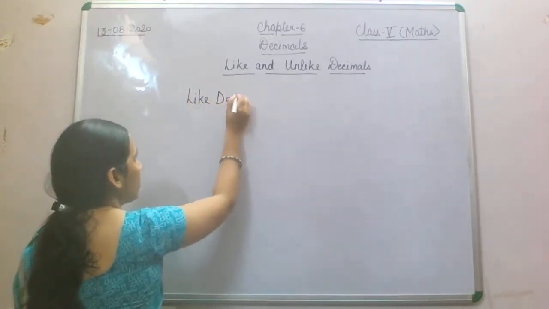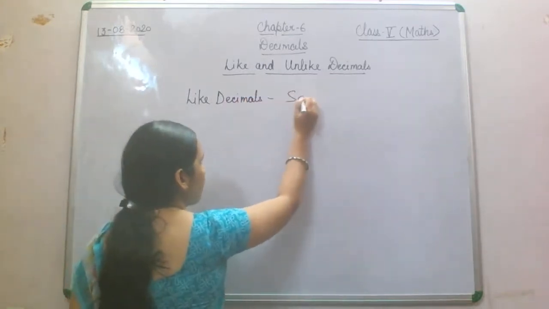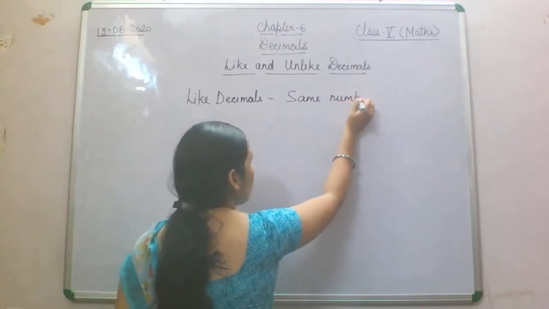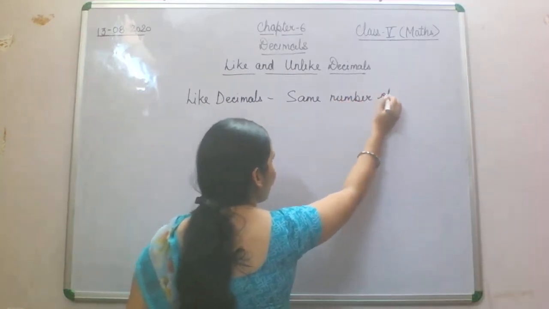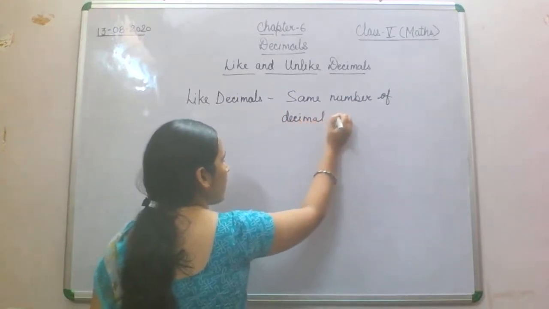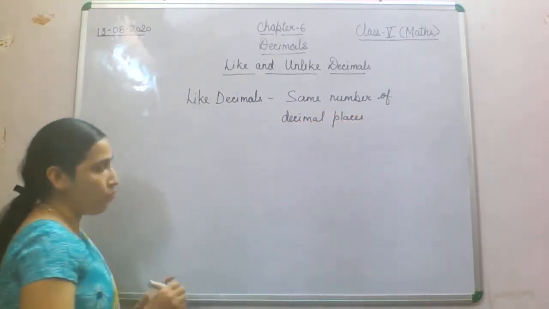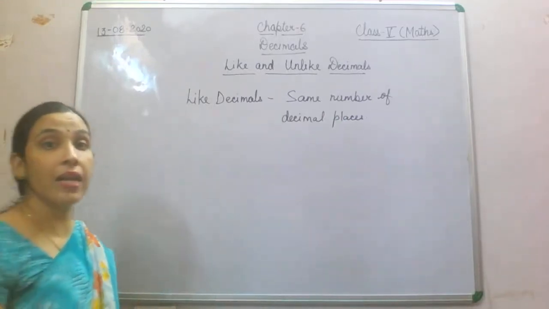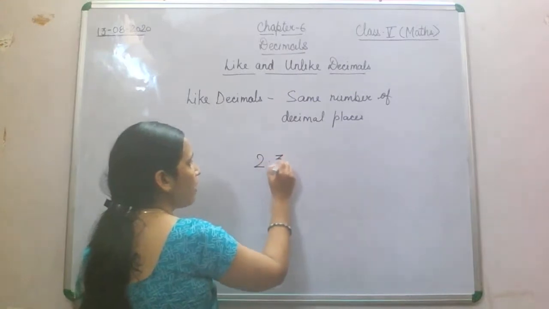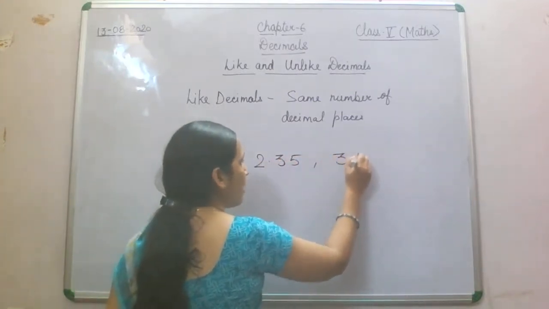For example, if I write two numbers here, 2.35 and one more example, 3.14.